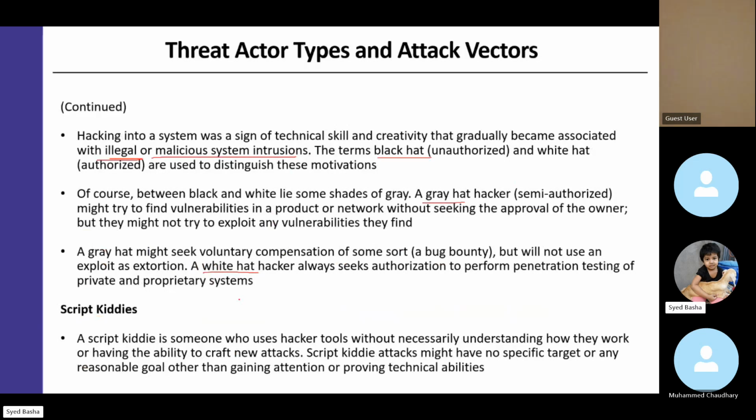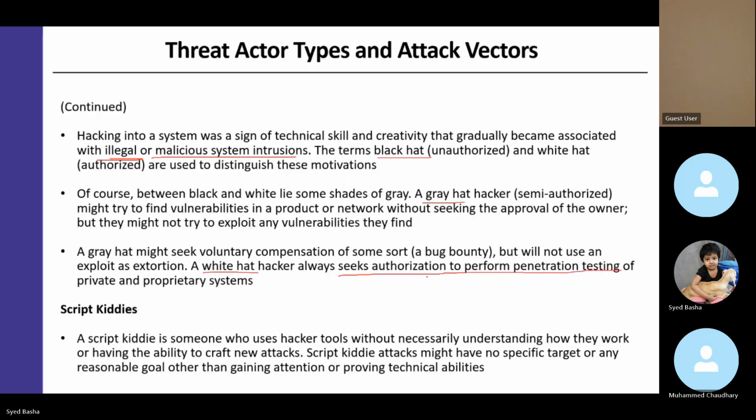So black hat means he has no information in his hand; he is simply targeting something on the internet. That's a black hat hacker. Then let's discuss the white hat hacker. He has some sort of authorization to perform penetration testing.